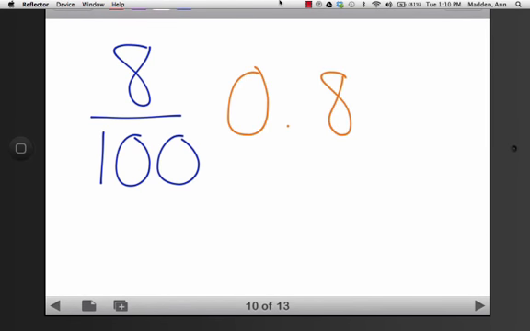Wait, that's not right. What decimal did I just write down? I just wrote down 8/10. It needs to be 8/100. There, now I am correct.